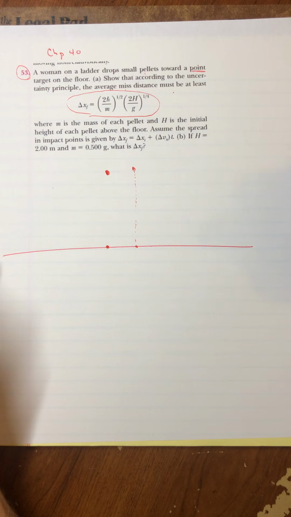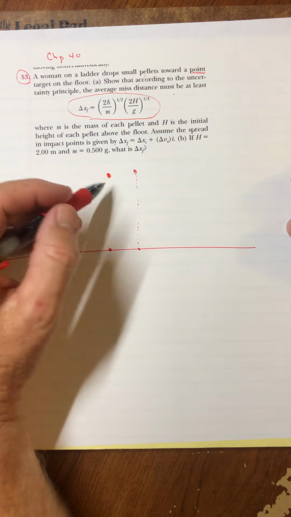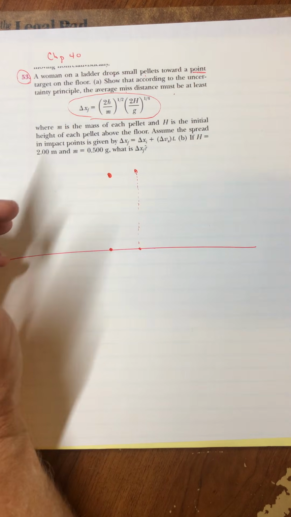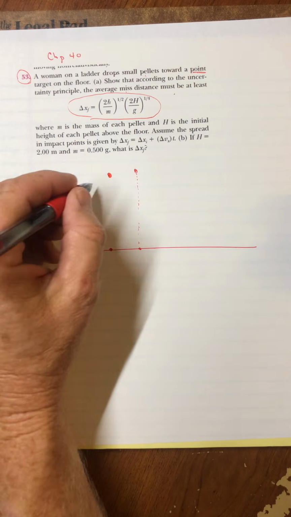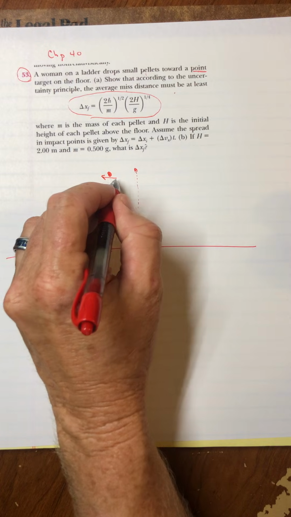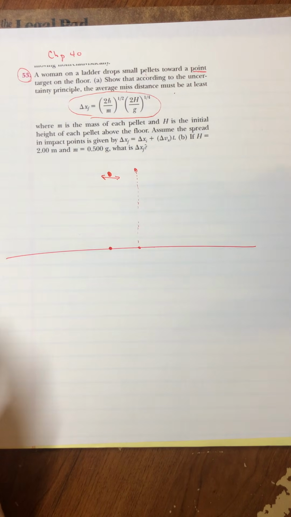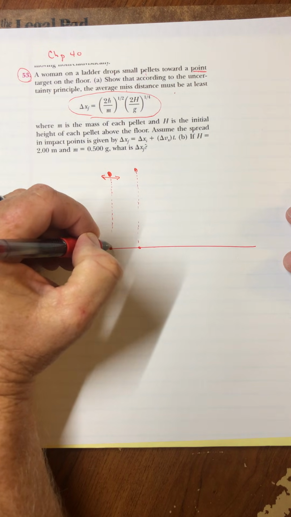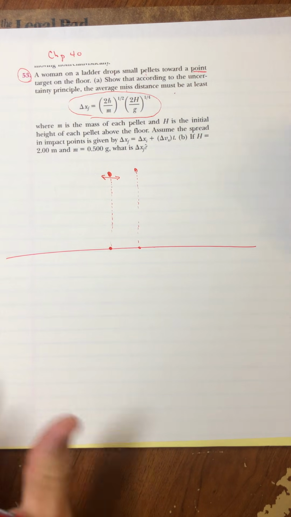You would hold it there above the target so you know its position, and you very carefully make sure you don't give it any sideways motion. You let it go, and it falls straight down and hits your target.